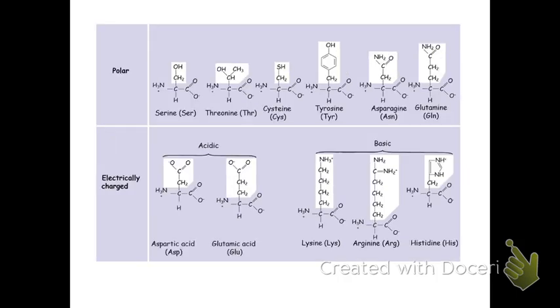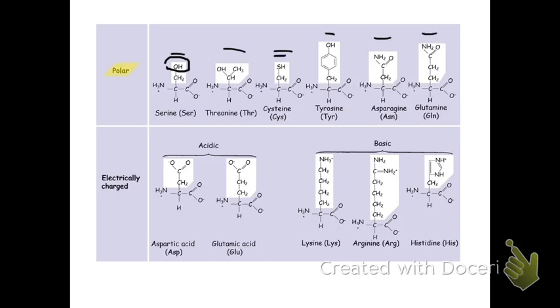Okay, so now we have another classification of amino acids. We have our polar ones. Now, all of these functional groups, R groups, are all going to be polar. So they are going to have positive and negative charges on them in physiological conditions. And you can see, like serine here, this first one, it has an alcohol group there, which you know is polar.